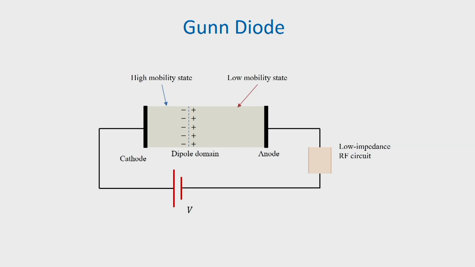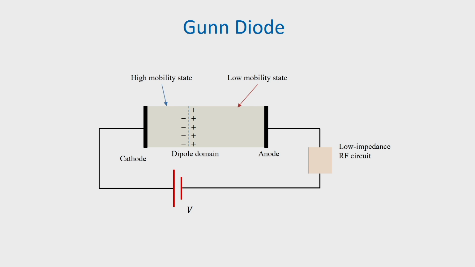This is because the formation of a dipole domain is accompanied with a high field domain around it, and since the applied bias is constant, when the concentration of field takes place near this domain, the field in the rest of the sample goes below the threshold value, and therefore it prevents formation of another dipole domain in other locations.